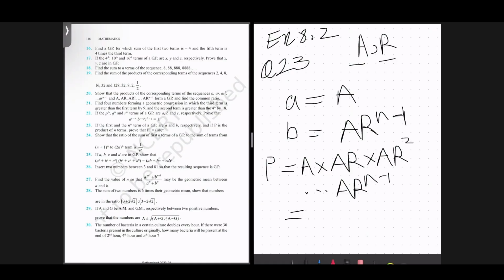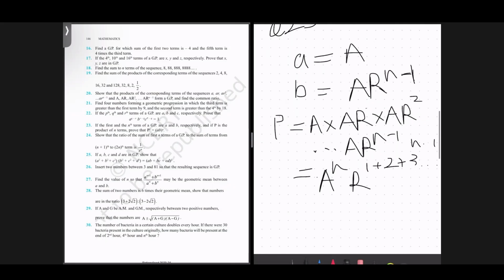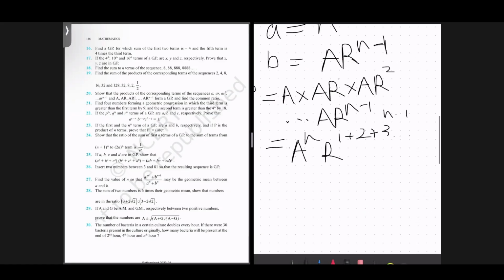When you add all these powers up, you get a raised to the power n because it has been added up n times, and you get r raised to 1 plus 2 plus 3 up until n minus 1. This right here is an AP.